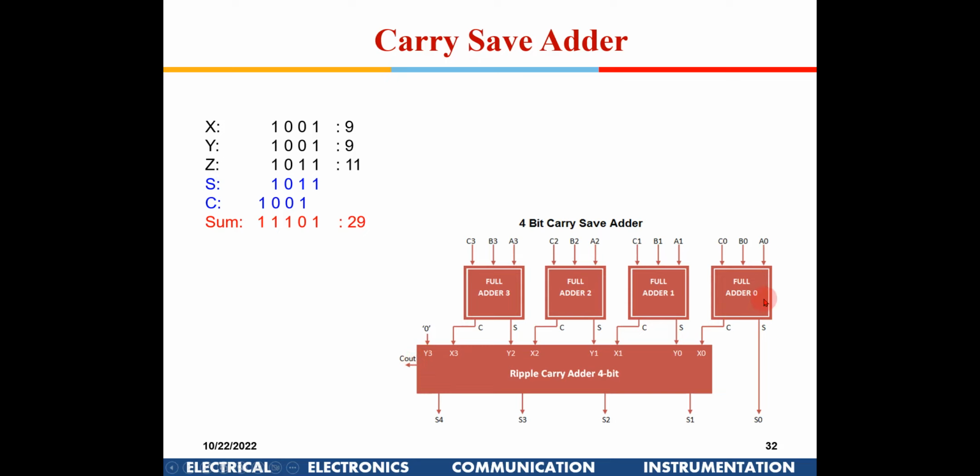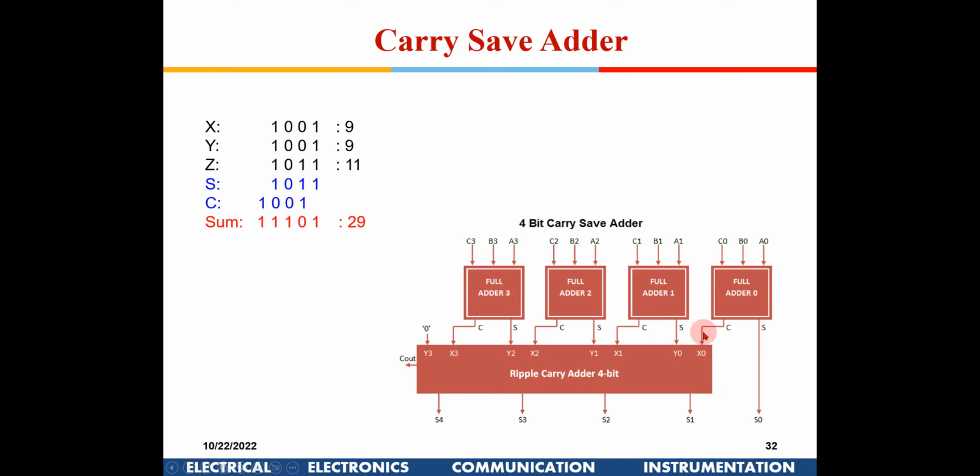Now if you see here, if I have a normal ripple carry adder, then the delay will be 2 into n, right? So 4 into 2 is 8. Whereas here, this is just one full adder delay.